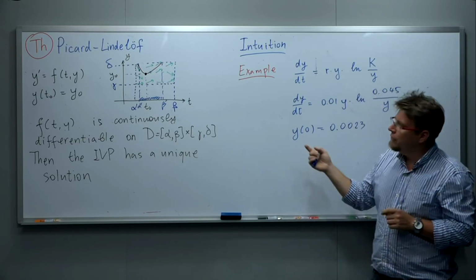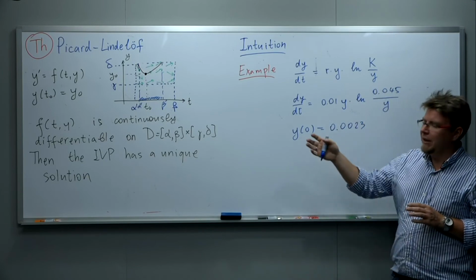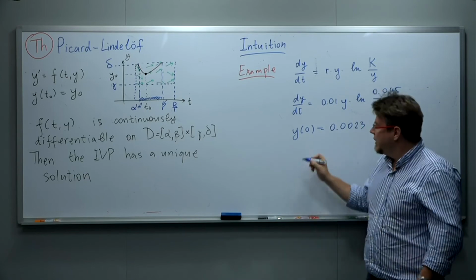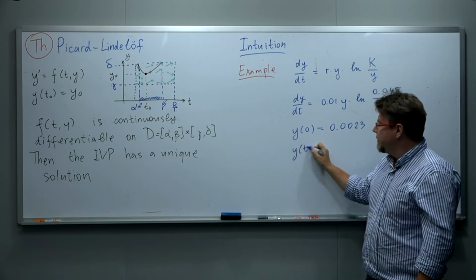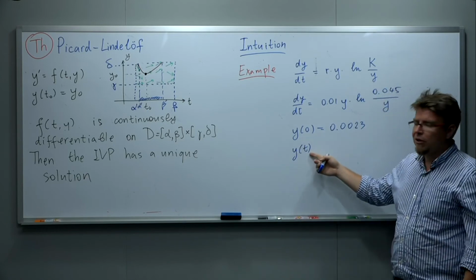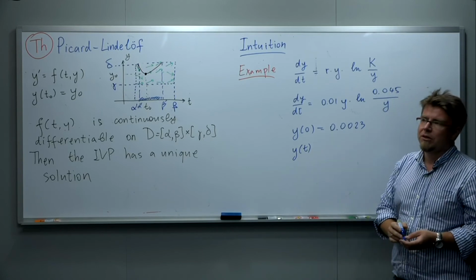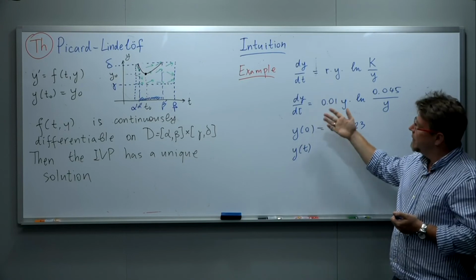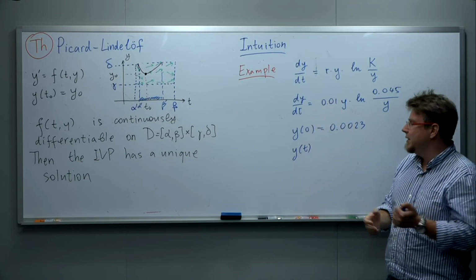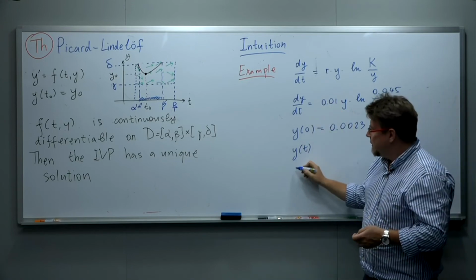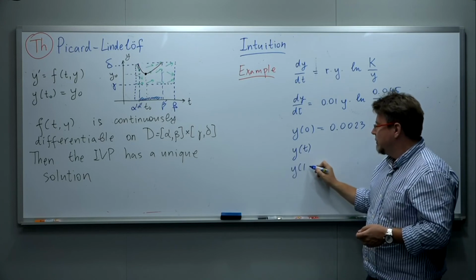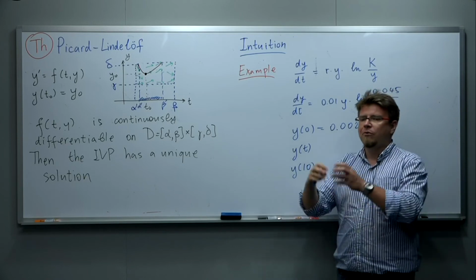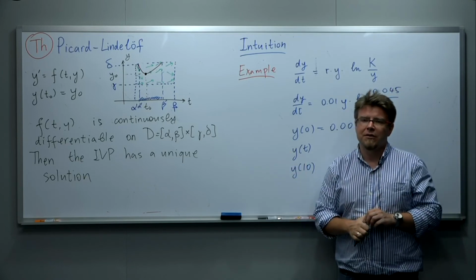But due to the existence and uniqueness of solutions, at least numerically we can compute y of t for any given value of t with any given precision. For example, if this is the growth of a tumor and time is measured in days, then at least theoretically we can compute y after 10 days, and we are going to see how big the tumor is after 10 days.